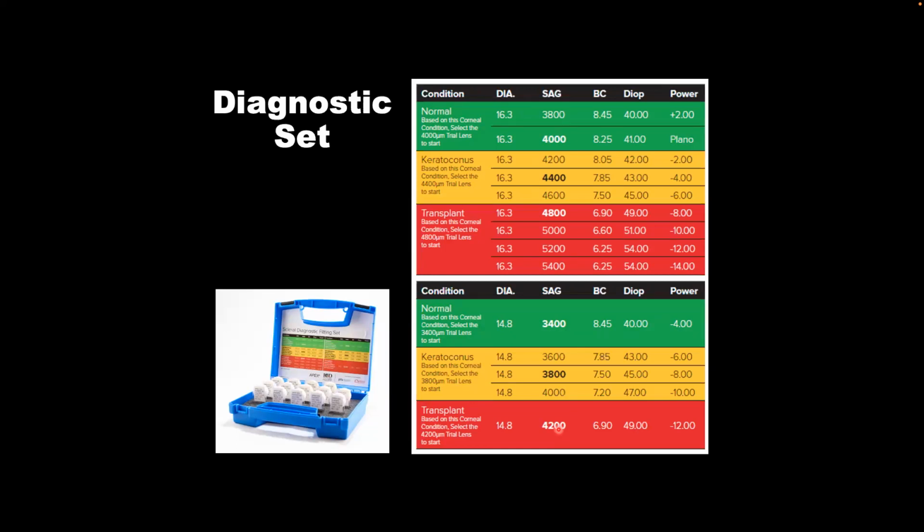So let's say a small kid with an irregular cornea, you can fit the 14.8 as you would a soft contact lens. So yeah, it's a good thing to have the 14.8 as well, and it's already built in the diagnostic set.